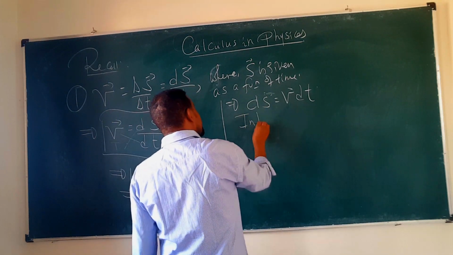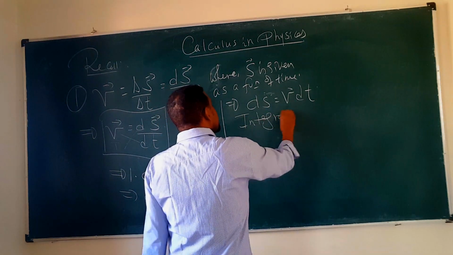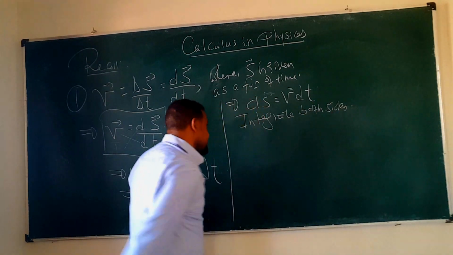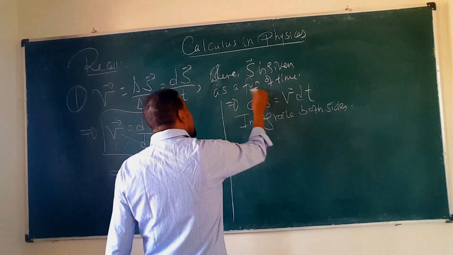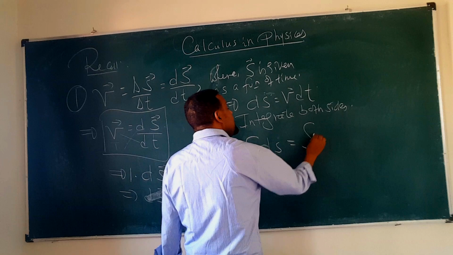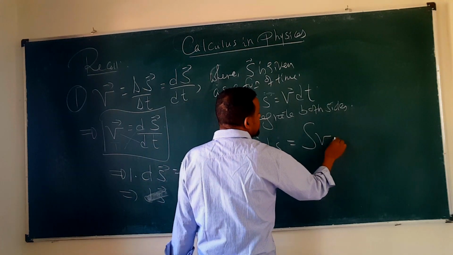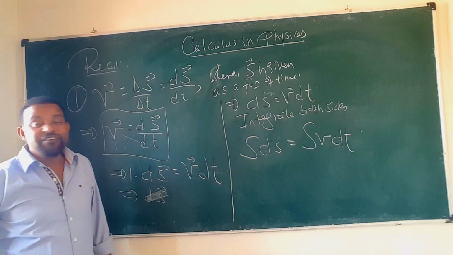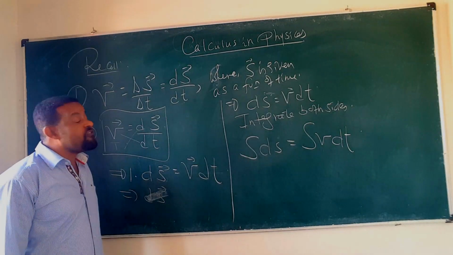Integrating both sides, take the integral of ds. The integral of ds is equal to the integral of the velocity function, of course, with respect to dt. So the integral of ds is equal to the integral of v dt.